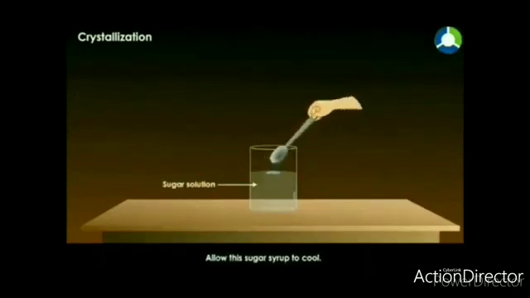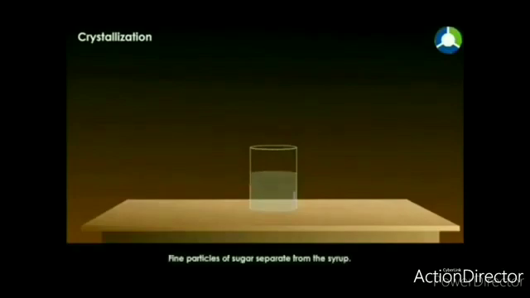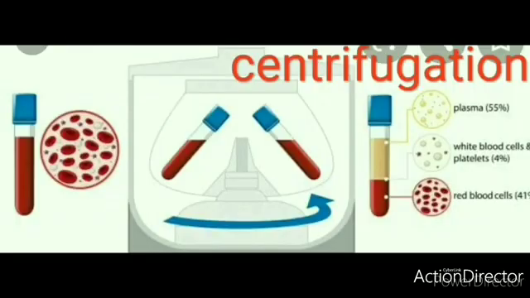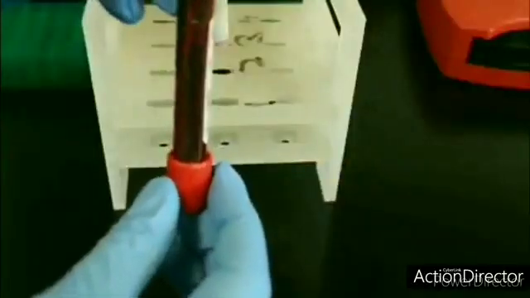When you allow that syrup to cool, after some time you can observe fine particles of sugar settling down. These fine particles have a definite geometrical shape and are formed by a natural process. This is called crystallization.